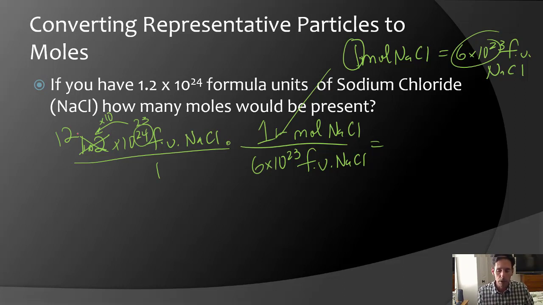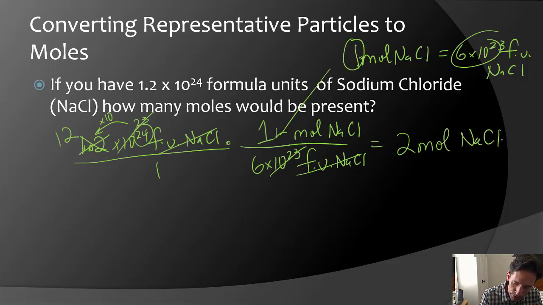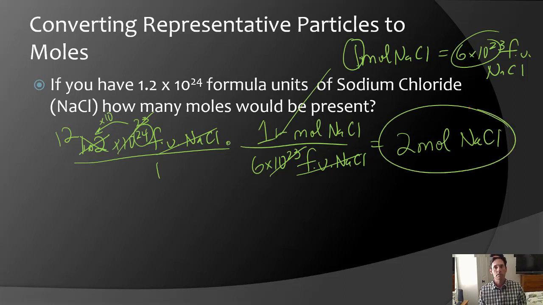So what is 12 divided by 6? 2. The times 10 to the 23s are actually going to, guess what, ladies and gentlemen, cancel out. Just like the formula units of sodium chloride are going to cancel out, so we'll be left with our answer as 2 moles of NaCl. This literally is the opposite of what we just did in the previous question.